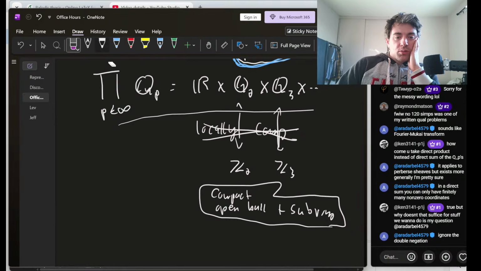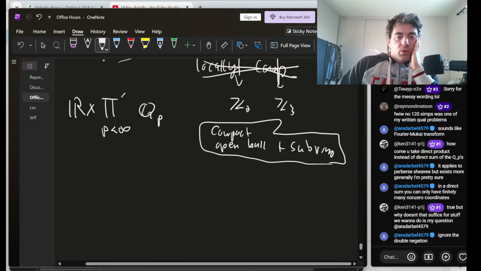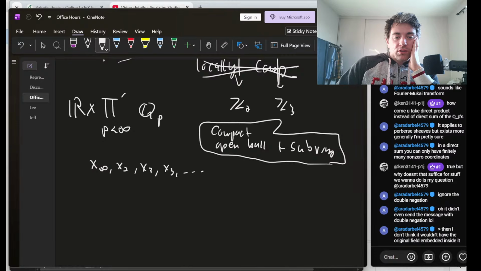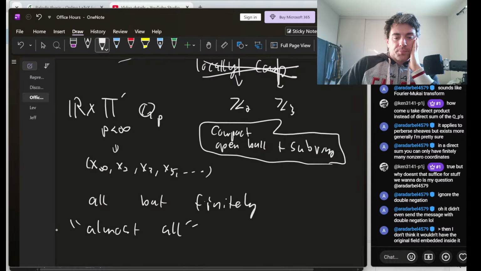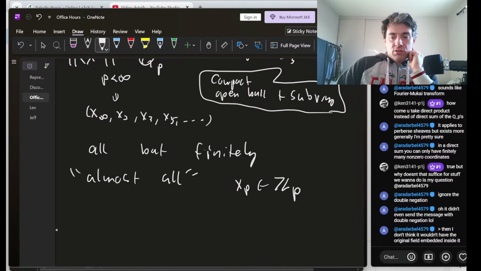So then what we do is we take what's called the restricted direct product. So we go R times the restricted direct product over the finite primes, where now the condition here means that for every element, so we could write it x2, x3, x5, dot, dot, dot, for every element belonging to here, all but finitely many, or almost all, x_p lie in Z_p.